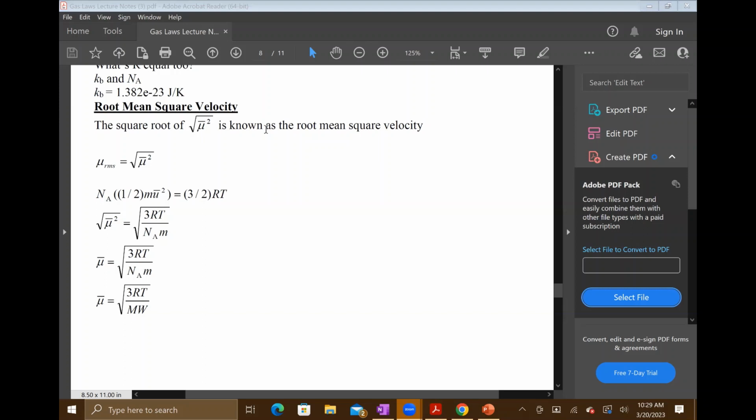No, it's actually a different R value. So I'll put it here in the chat box. The R value that we use for the root mean square is 8.314.